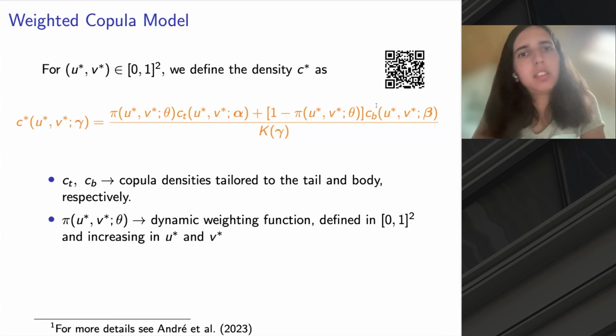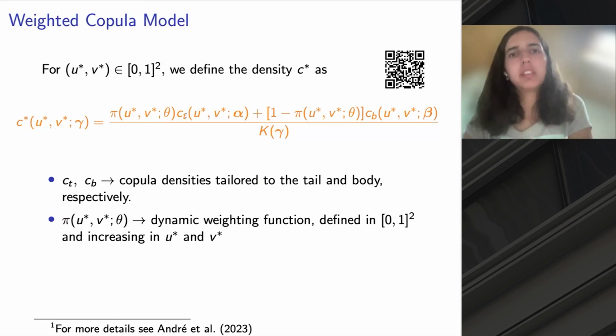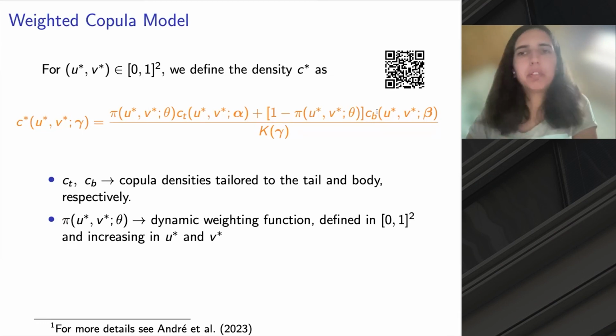And then we have a pi function that is a dynamic weighting function. It's again defined in the unit square, and we want it to be increasing in U star and V star. This is because if pi is close to 1, then C star here will have more influence in the distribution. At the same time, this part here, 1 minus pi star, will be close to 0, so CB won't have much of an influence.